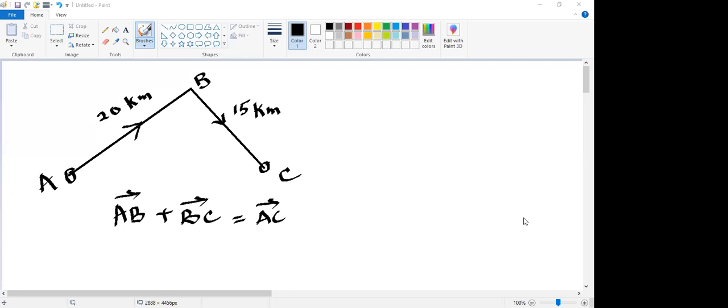My interest here is for the scalar, we are only interested in the magnitude, and yet for the vector, we are interested in both the magnitude and the direction. Now, I want you to give me an idea of what equal vectors are.